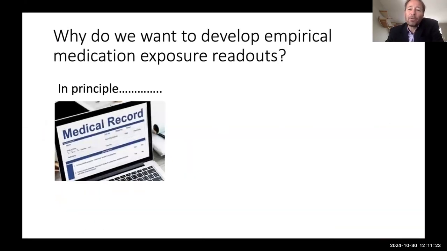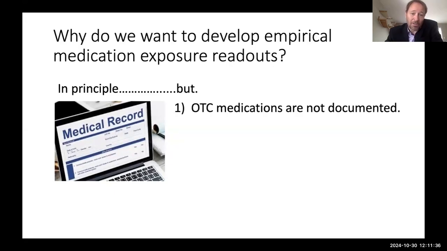So why do we want to develop this empirical strategy for medication exposure readout? Because in principle, we should have really good clinical records, and they are getting better and better. However, there are some limitations with medical records. Over-the-counter medications are not documented. We cannot assess adherence or compliance to the treatment regime.